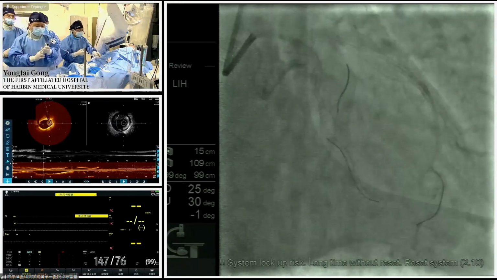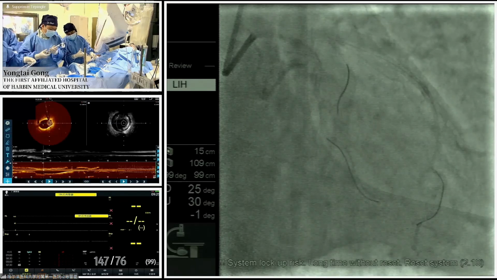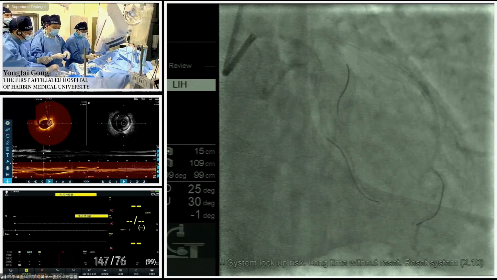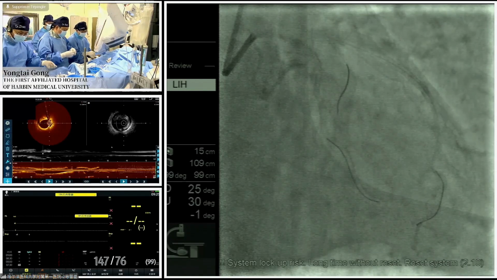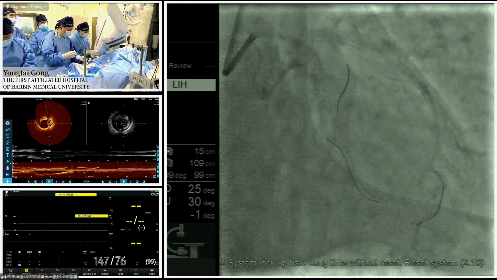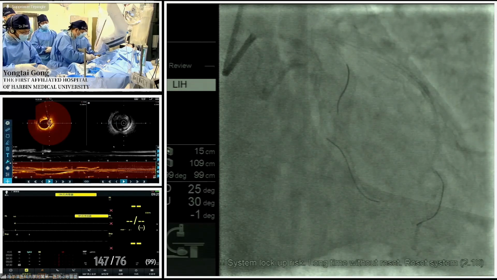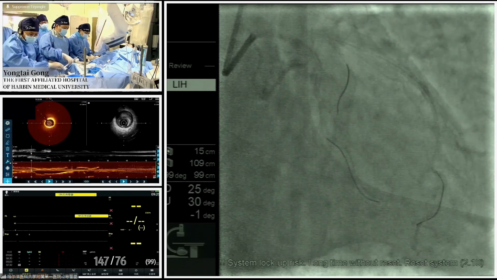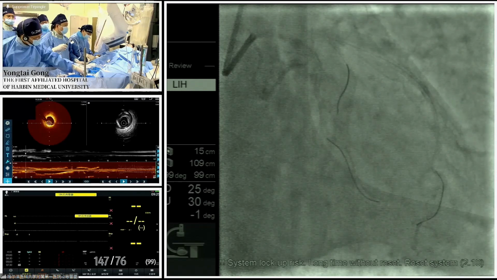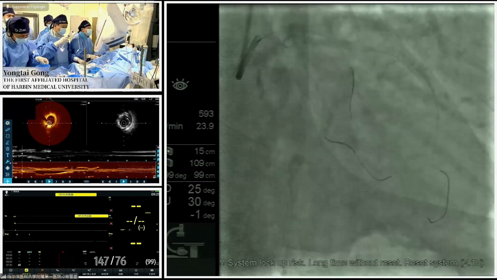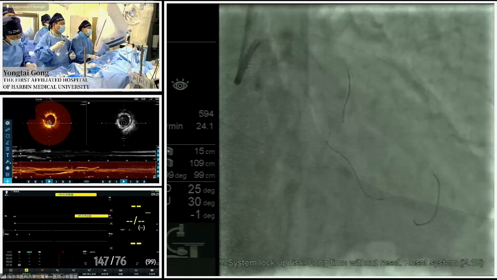Dr. Gong, do you think the result is okay right now, or is there a need for more IVL? We could just treat it again with some balloons, right? Yes, we will modify the lesion further using an NC balloon, a 3.0 NC balloon, to get further modification of the calcification.